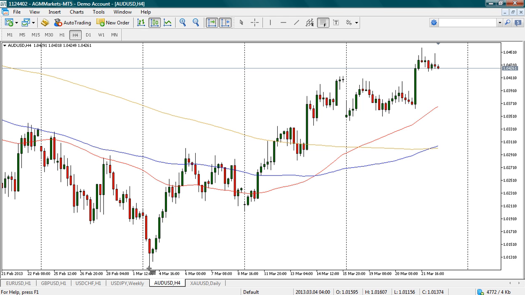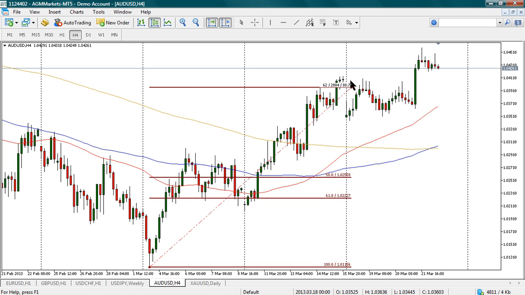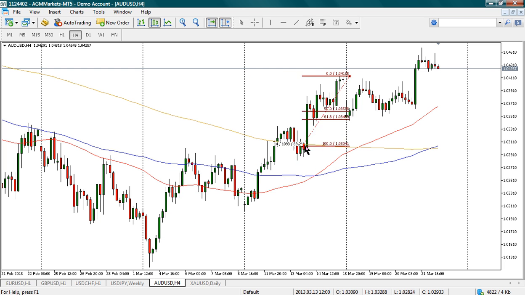In terms of just a pure uptrend and dip buying opportunities, a similar example to the one I did on euro dollar. In terms of Fibonacci retracements, if you draw your swing low to the swing high there, that was the first opportunity to buy at 50%. Buyers came in, pushed the price back up, and then you can draw a new high from there and a new low from here.